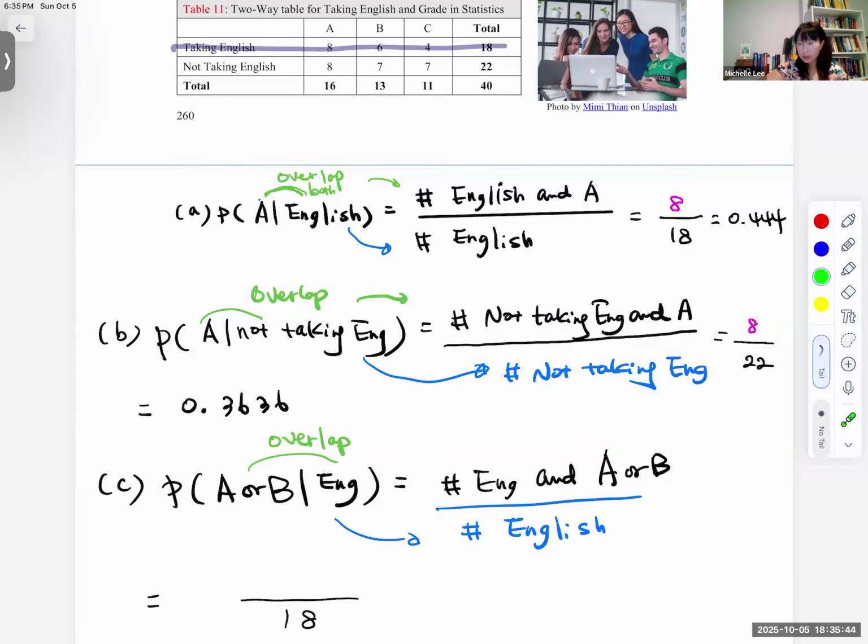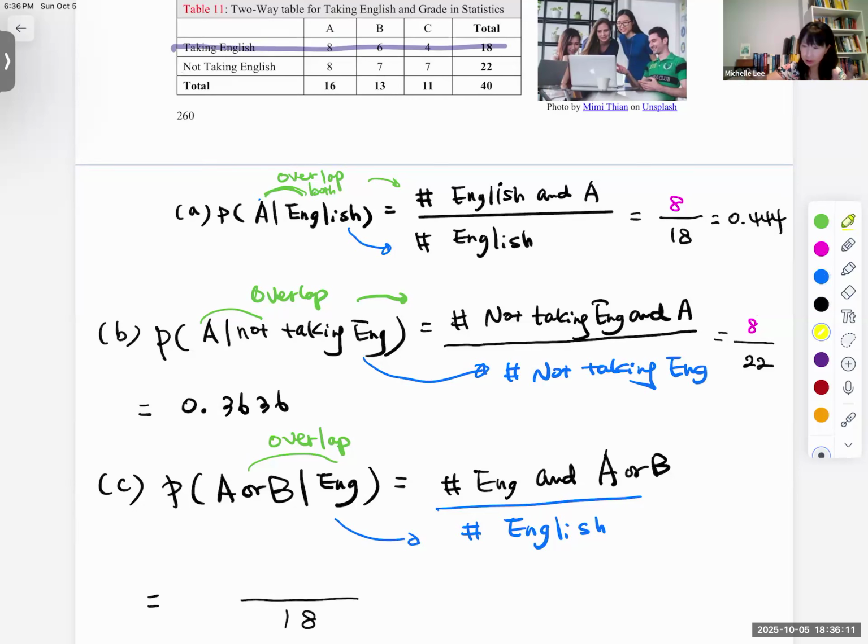Normally we had shading one column, right? Earning A, right? But then we have earning A or B, right? So we're gonna shade this column, also this column too, right? Make sense? Because we have the or part, A or B.